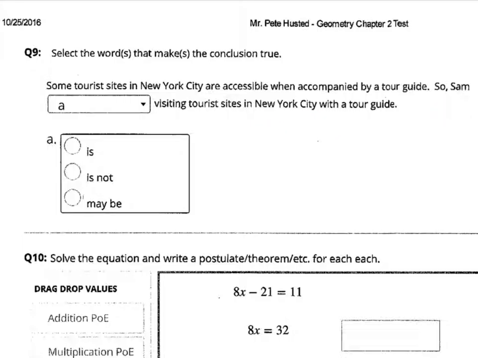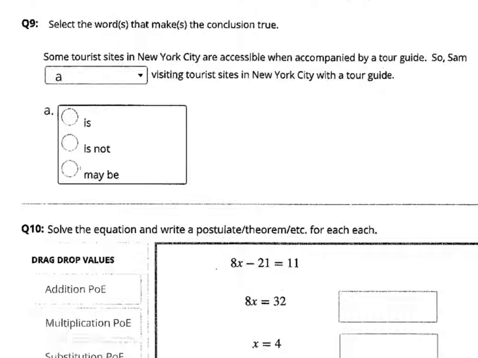Or is it Sam may be visiting tourist sites in New York City with a tour guide? Again, if it helps, read those last two quietly to yourself, but keep reading that full sentence, adding the word, and seeing which one fits in the best.